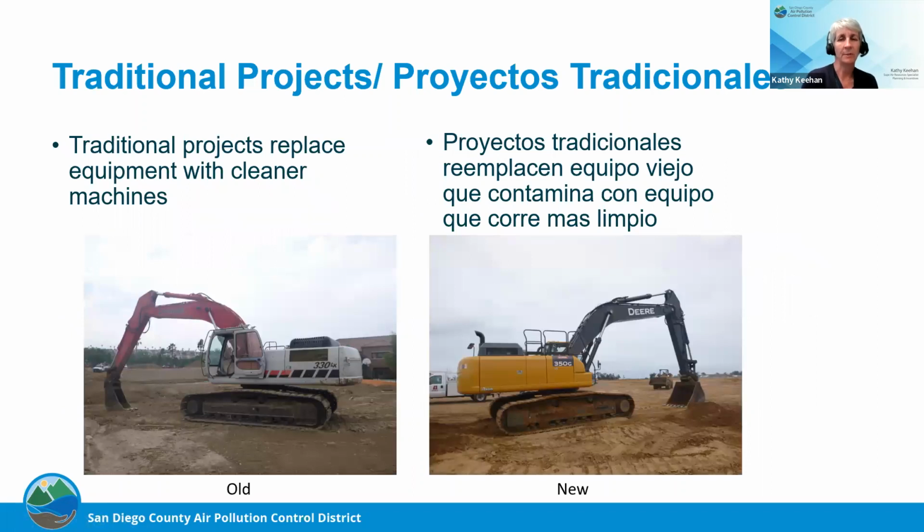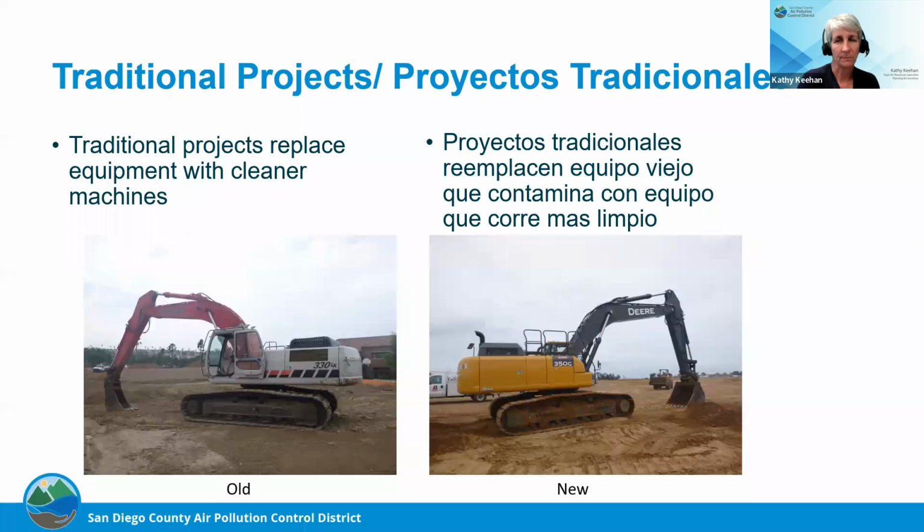So let's talk a little bit about those traditional incentive programs from the past. We've focused our funding in the region on projects that replace older diesel equipment with newer, cleaner machines. These projects provide direct emission reductions for the communities where the equipment works and to the workers who operate that equipment.